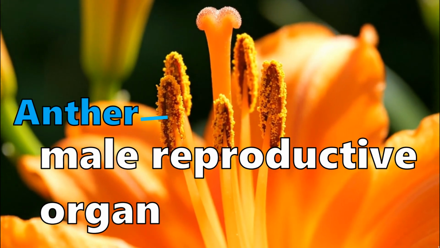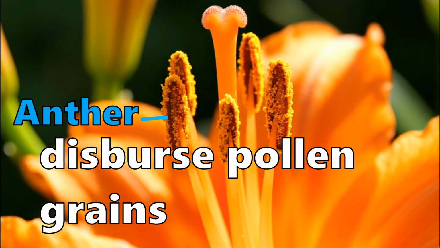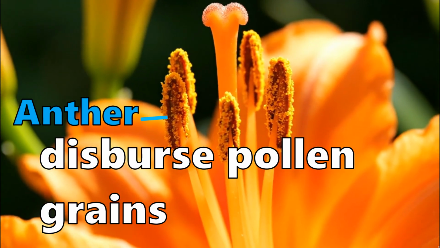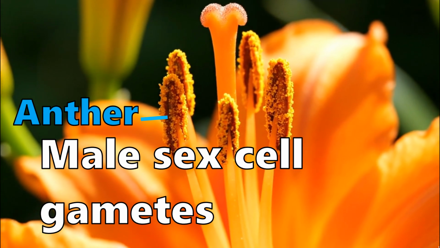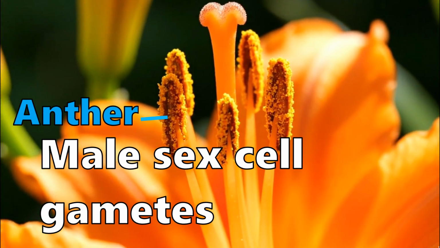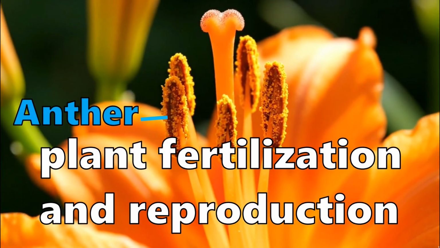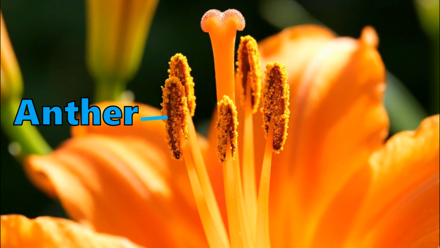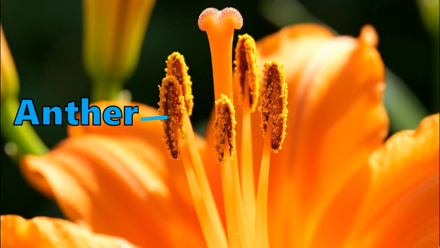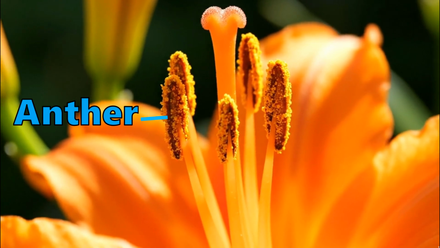Its primary function is to produce, mature, and disperse pollen grains, which house the male sex cells, gametes, required for plant fertilization and reproduction. The inner lining of the anther, the tapetum, nourishes the developing pollen cells.